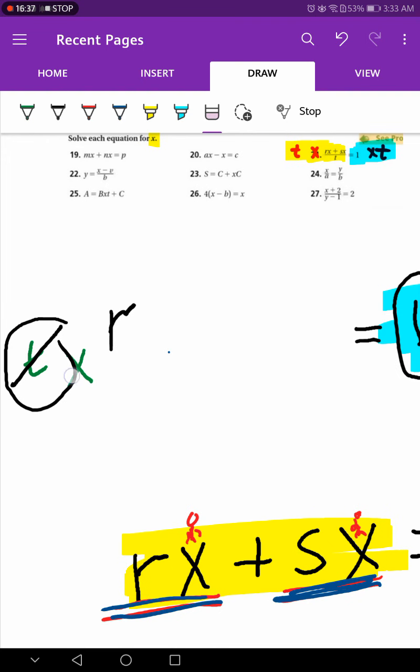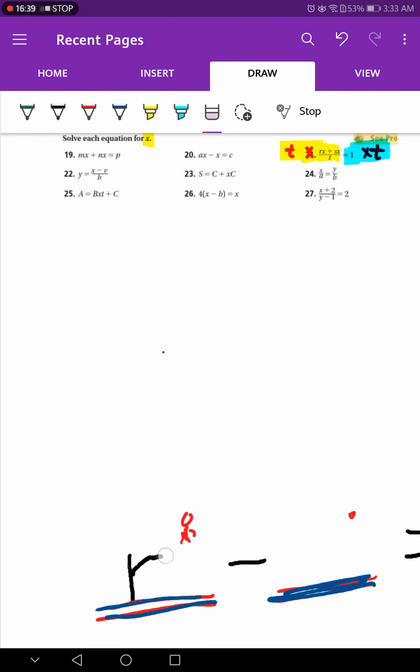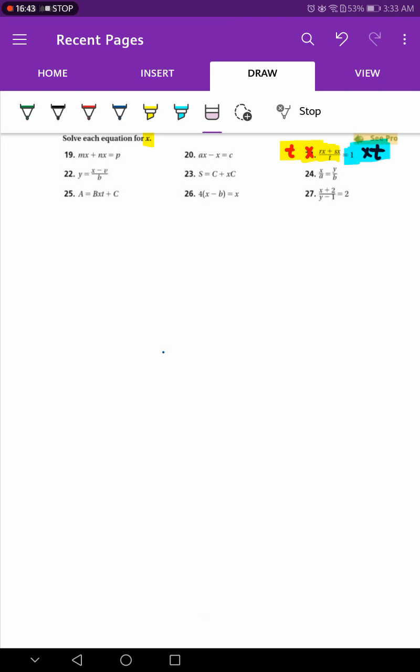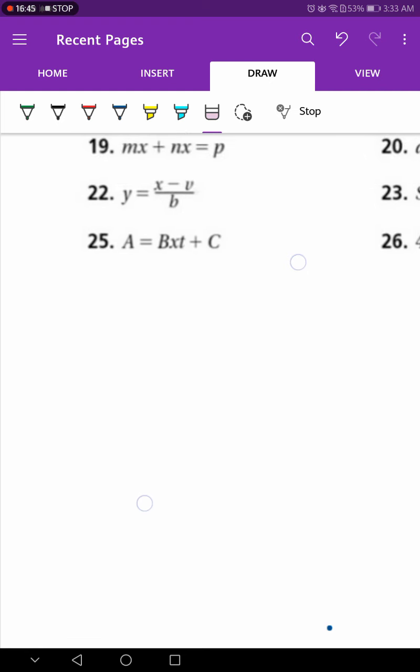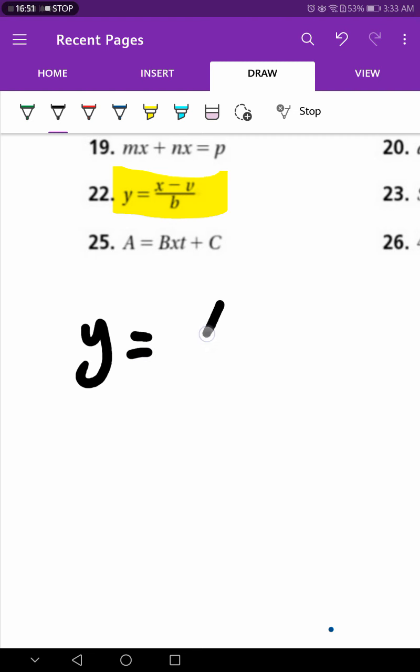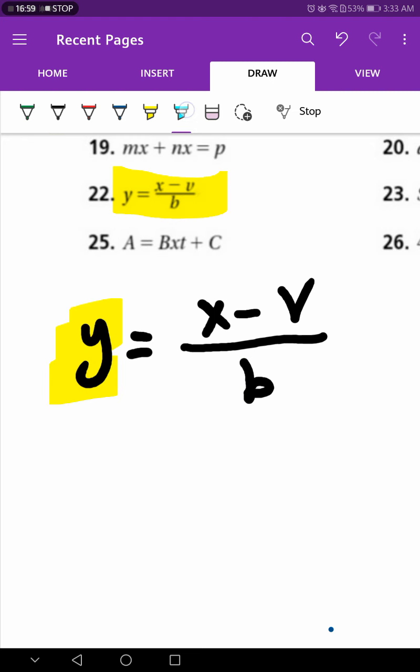Okay, it is question number 22 here. This one is y equal x minus v over p. Great. Left and right.